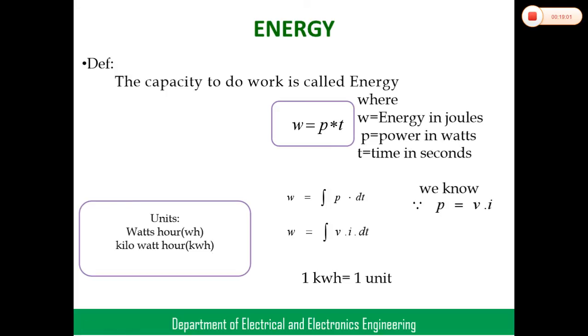The energy consumed by the consumer is usually measured by the energy meter, which all households have. One unit of energy is one kilowatt hour. That is the meaning of one unit. So this is about energy.